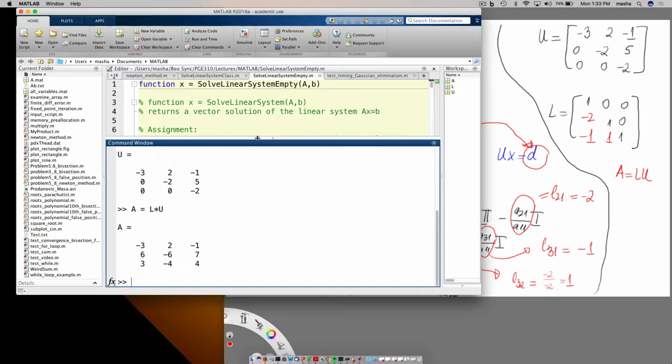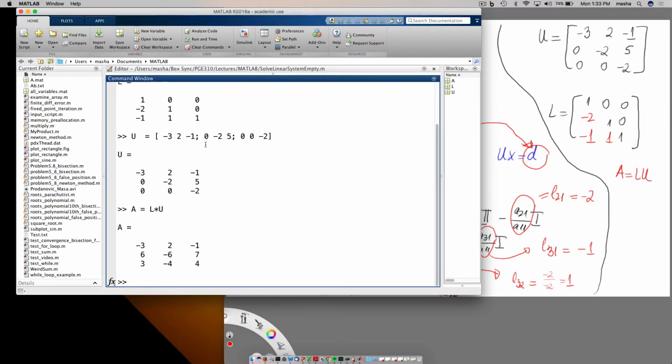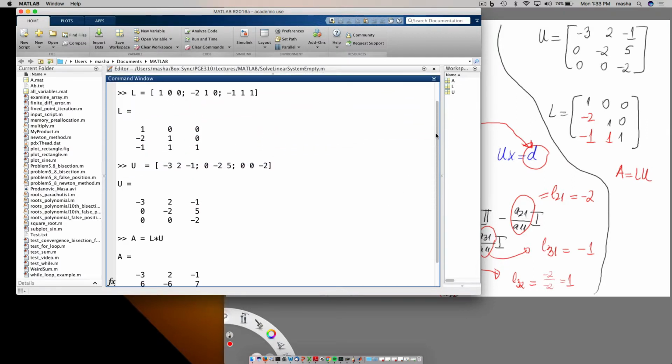My point is that if your U had minus 3 over 2 here, and your L had 2 times 1 here, you'd get the same result, but you would modify other coefficients to fit. That gives you various choices of L and U, which is why we're fixing this position here to be 1.